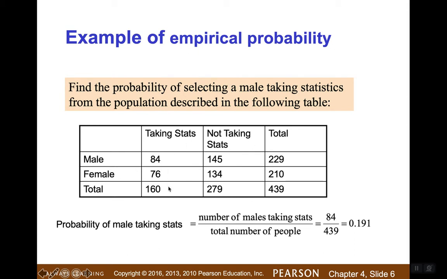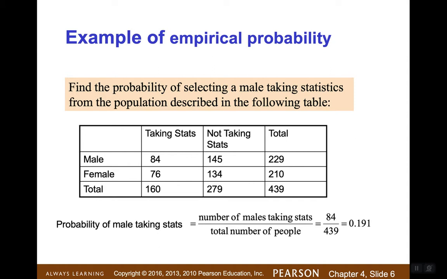We have 160 taking stats and 279 who are not. To figure out the probability of a male taking stats, we divide 84 by the total population of 439, which gives us 0.191, approximately 20%.